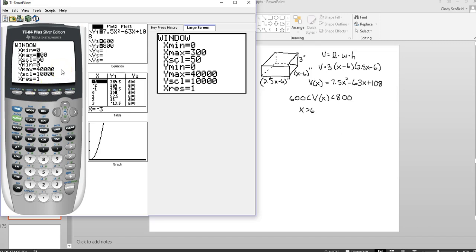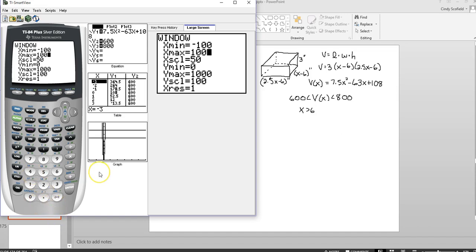Y max is pretty big. Let's make it a little smaller. Let's make it 1,000, and let's let the scale be 100, because I'm looking at between 600 and 800. Okay, and let me let my x min be negative 100. Let me let my x max be 100.